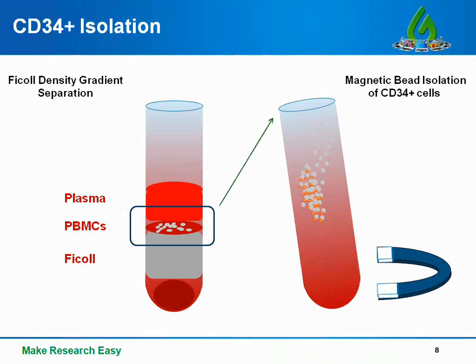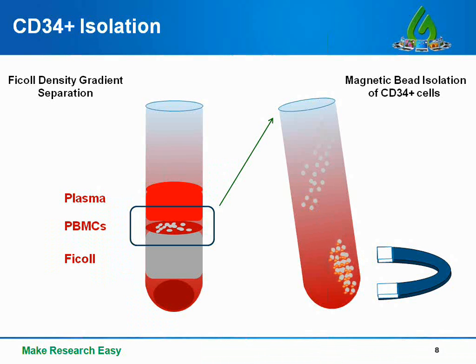Then centrifuge this tube and remove the supernatant. To optimize the number of CD34 positive cells, the pellet is resuspended, centrifuged again, and the remaining supernatant should be aspirated. The pellet should then be resuspended and added to the tube. This resuspension should be passed through a nylon mesh to get rid of clumps, and then magnetic beads should be added.